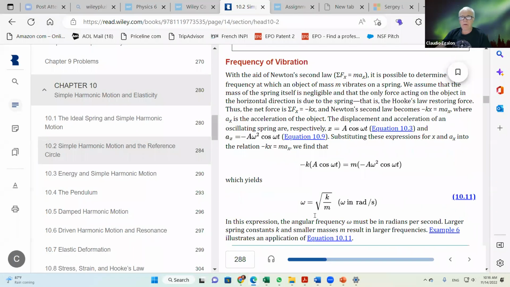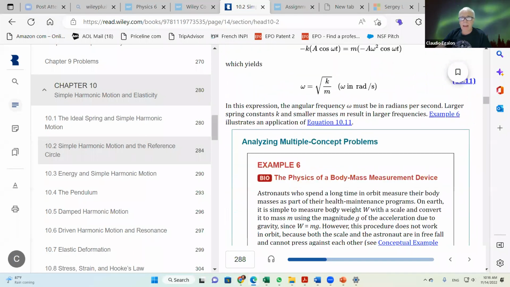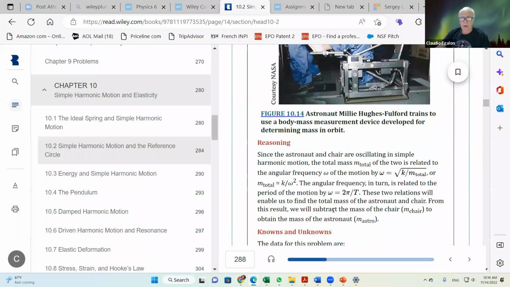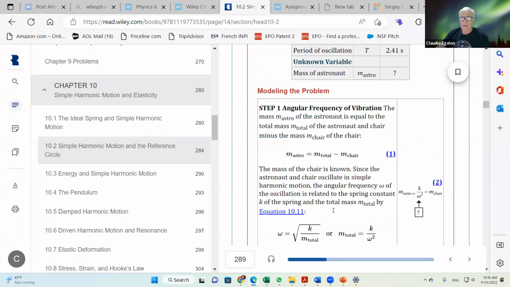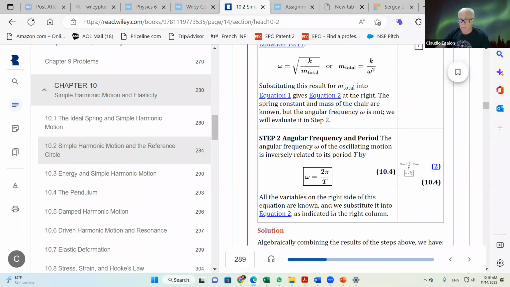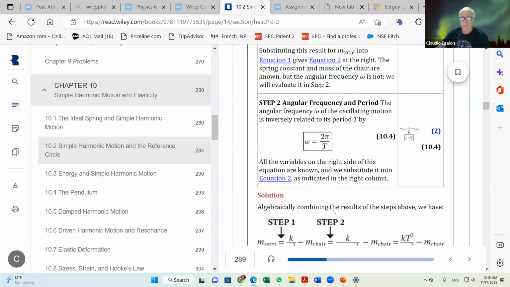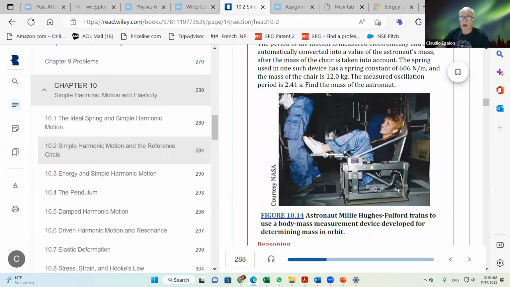That's what we have here, the frequency of vibration. That's omega that we derived, and we have this example right in here. What we have here is the case of how you measure your mass in space, using those relations that we found out. If you're here on Earth, all you gotta do is step on the scale, and we can use the weight, the gravitational attraction, to measure your mass.